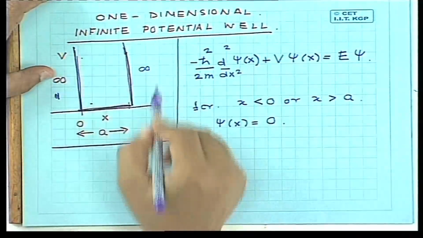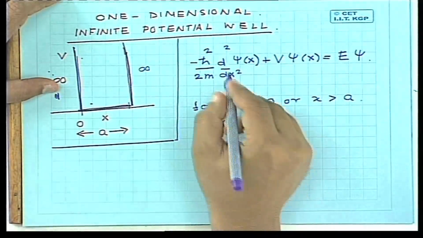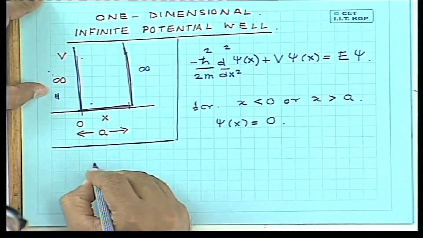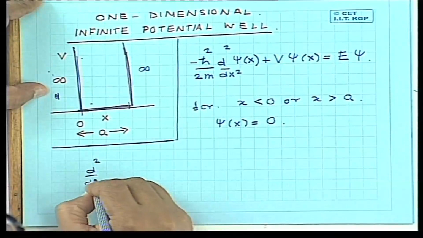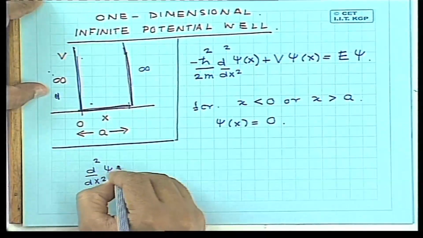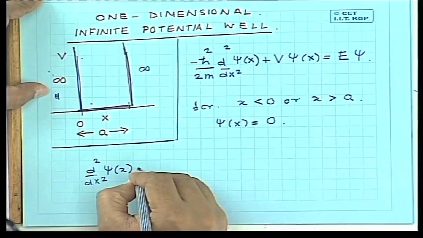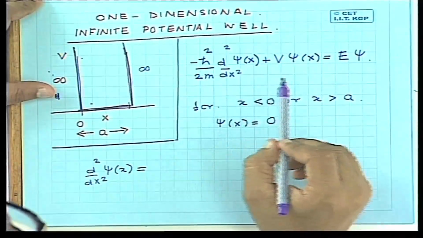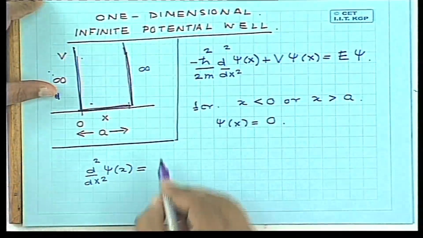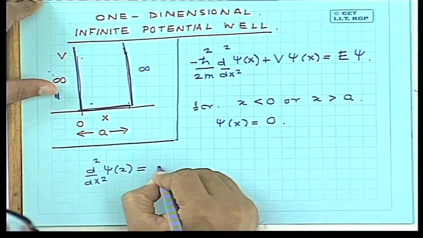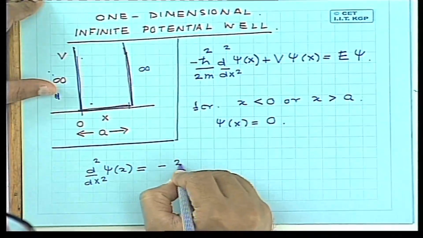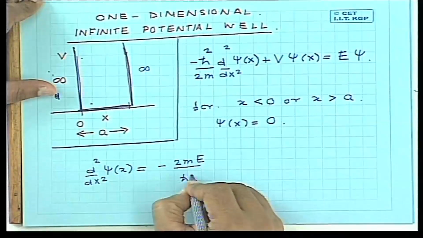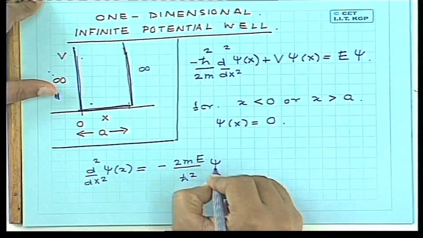So in this region the solution is quite simple. Let me write down the equation again in a different way. In this region the equation just becomes d square psi(x) by dx square is equal to, since V is 0 anyway, minus 2mE by h cross square psi.